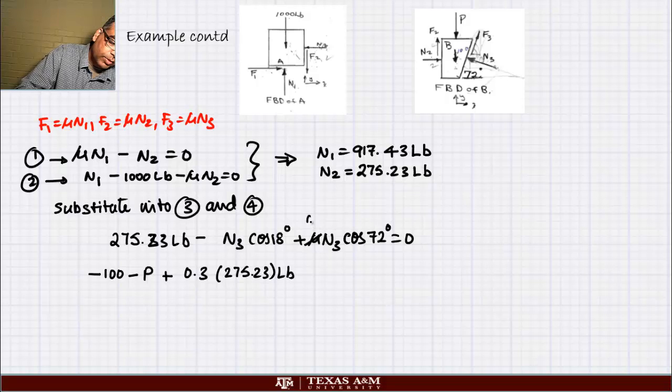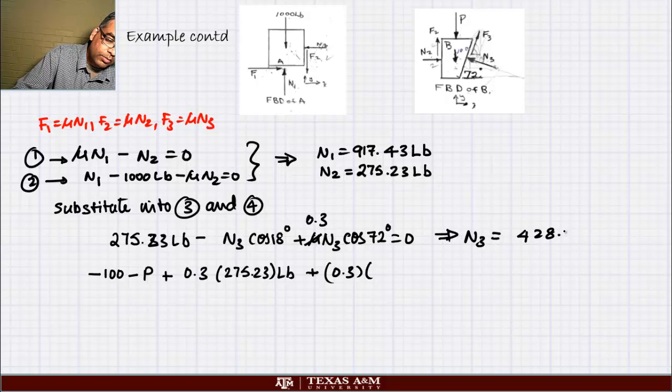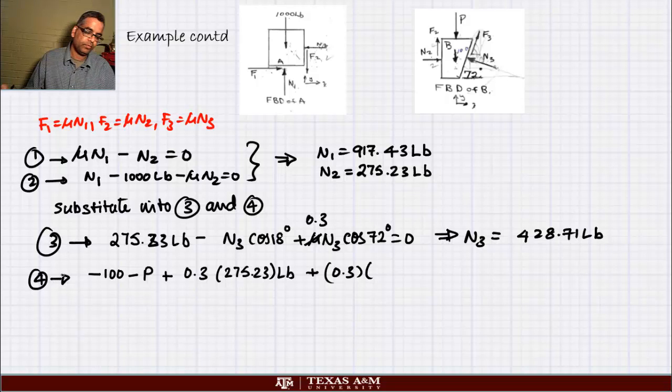This mu is 0.3. Plus 0.3 times N3. You can solve for N3 and this turns out to be 428.71 pounds. So take that, equation 3 becomes this, equation 4 becomes this.